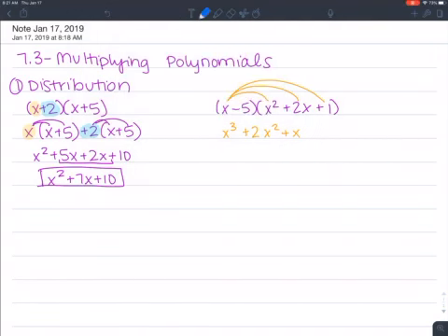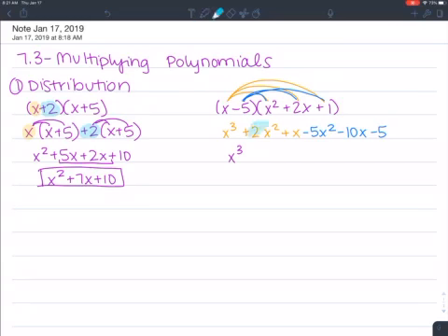Okay, now let's go ahead and change it to blue. I'm going to do negative 5 times x squared is negative 5x squared. Negative 5 times 2x is negative 10x. And negative 5 times 1 is negative 5. Now I'm going to combine like terms. So I have no like term with x cubed, so that one's going to stay.